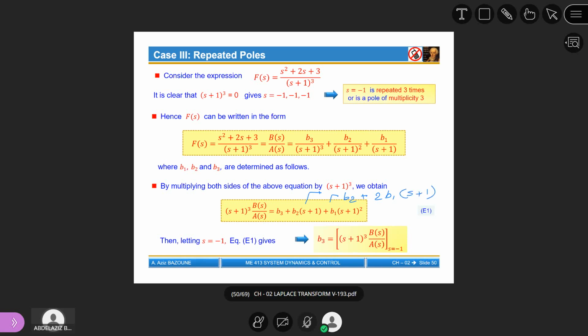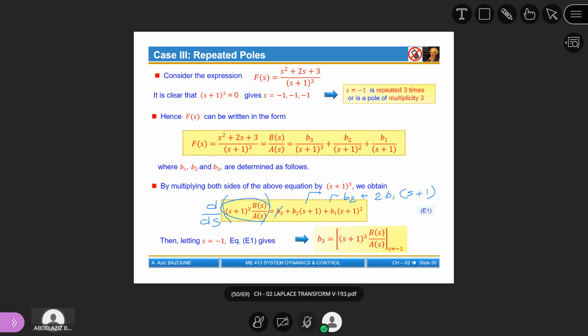This is the right-hand side. The differentiation of this will be 0, and the differentiation of this will be b2 plus 2 b1 (s plus 1). When you put d over ds, it means we are differentiating.